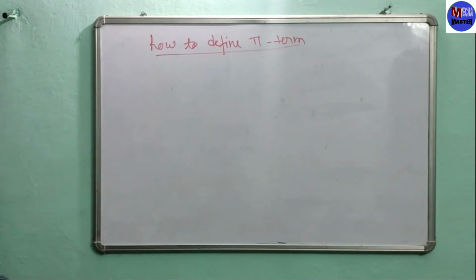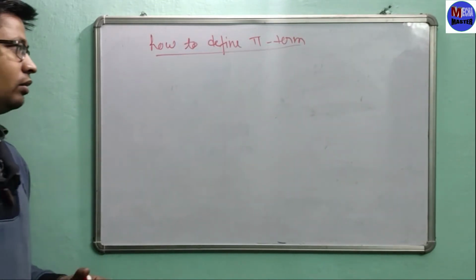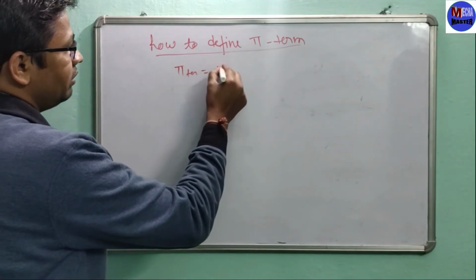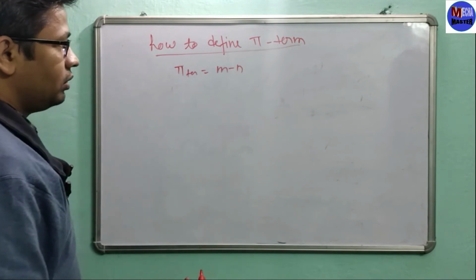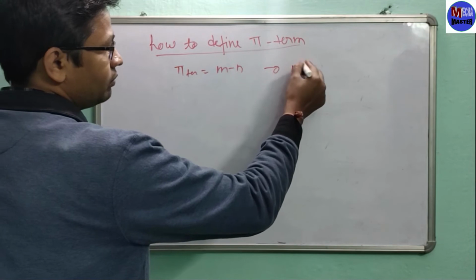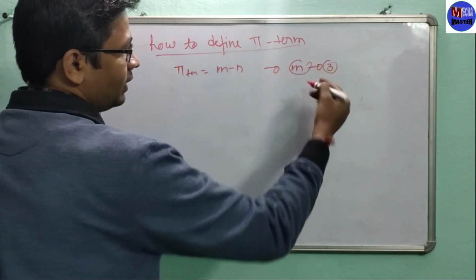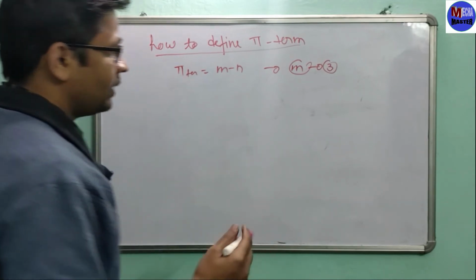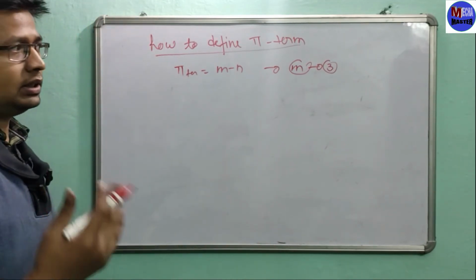This is our final step to define the pi terms. You know that the number of pi terms is m minus n. The number of repeated variables m, in fluid, will be 3: geometric, kinematic and dynamic. Then what about the others?